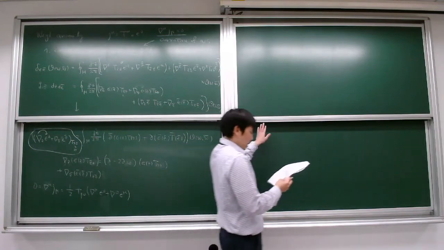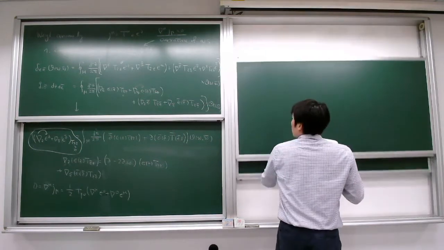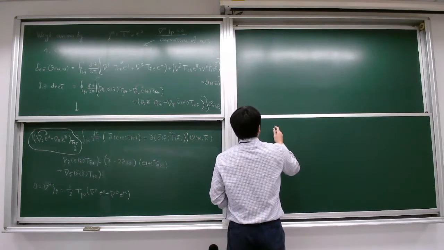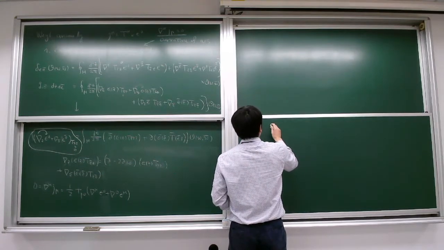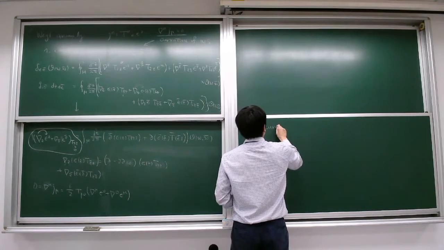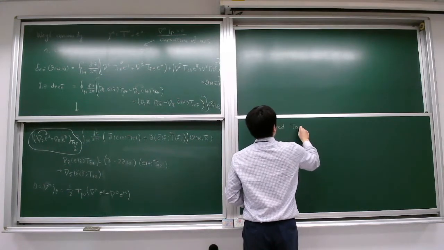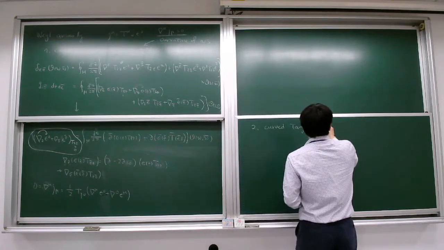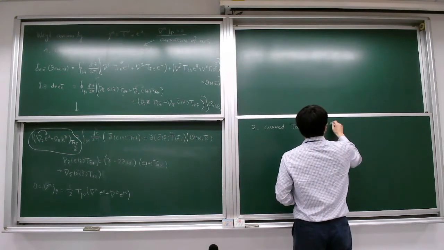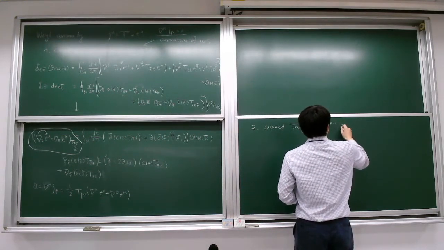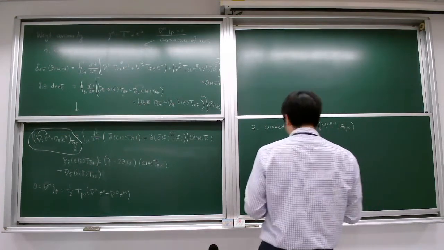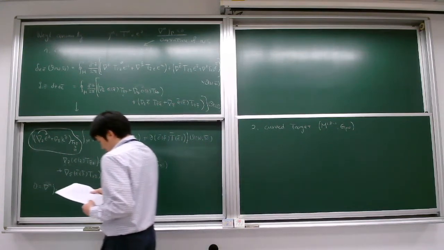And another thing we talk about is the curved target, the target space curve. Target manifold of dimension (1, D-1), with metric G_{mu nu}.